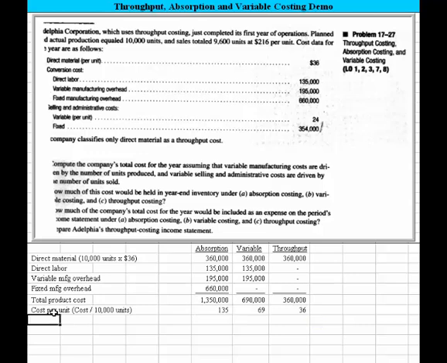And now if we wanted to compute what's in year-end inventory, we would take, what did they say, 400 units, right? 10,000 units less 9,600. That's what we'd have left, times the appropriate cost.